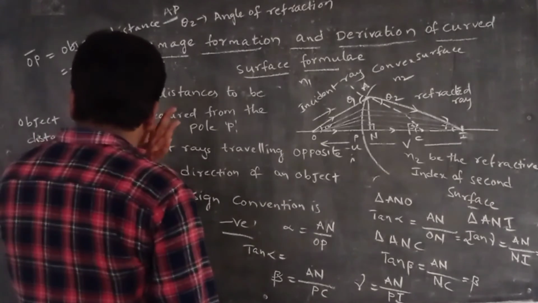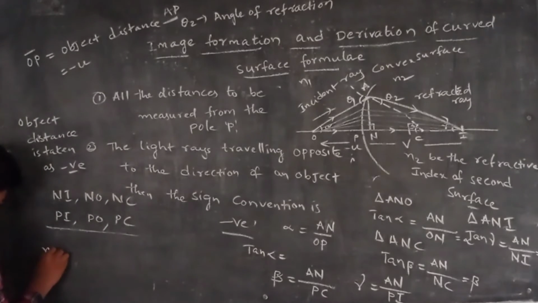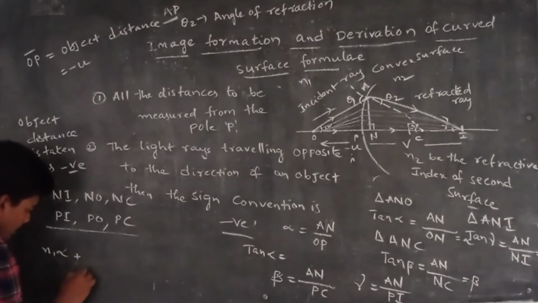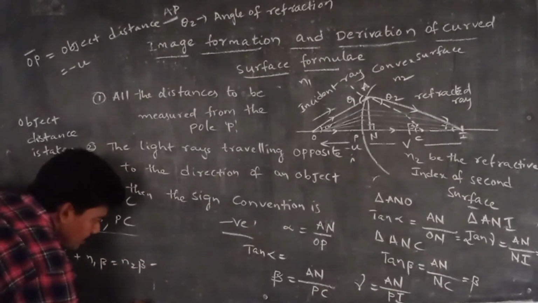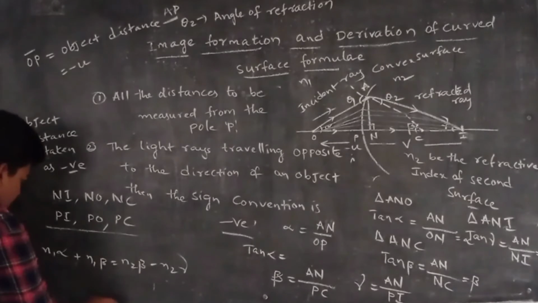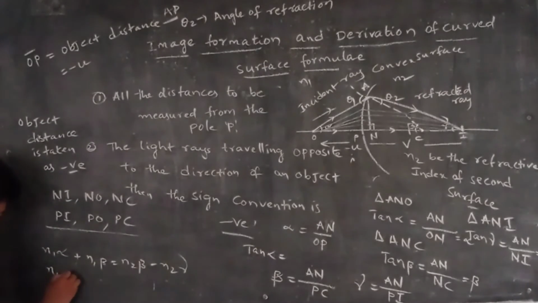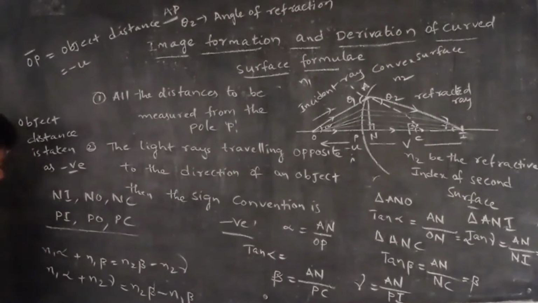From these values, from equation 4, we already got that n1 alpha plus n1 beta is equal to n2 beta minus n2 gamma. So n1 alpha plus n2 gamma is equal to n2 beta minus n1 beta.